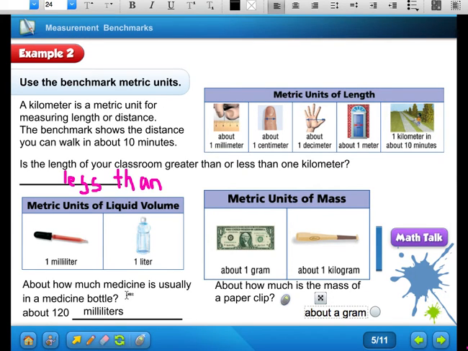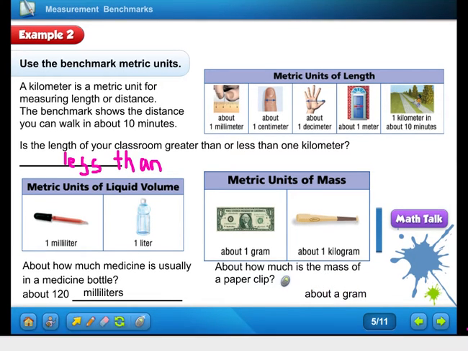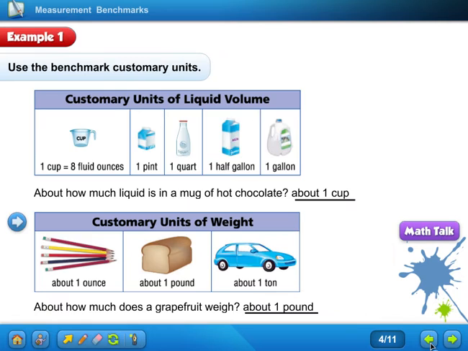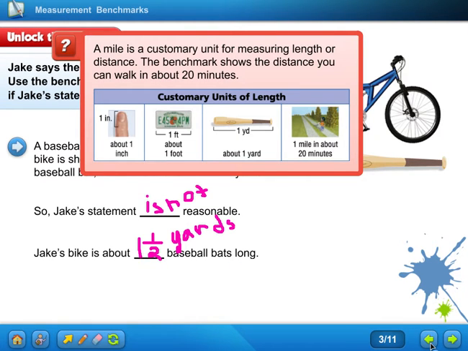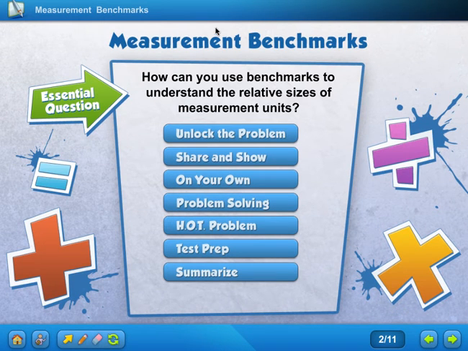Let's go back and look at what we've done so far today. We looked at using benchmarks. We figured out how we can relate things to what we're weighing, or what we're using for liquid, or how far we're traveling, measuring the distance.